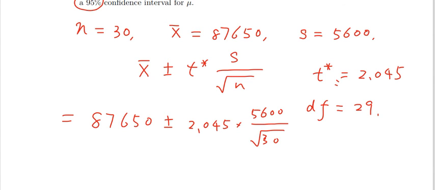Okay. So for those calculations, we can use Excel, right? So we can get this conclusion: we have 95% confidence to say the average income in this city will be between this number and this number, right? Okay.